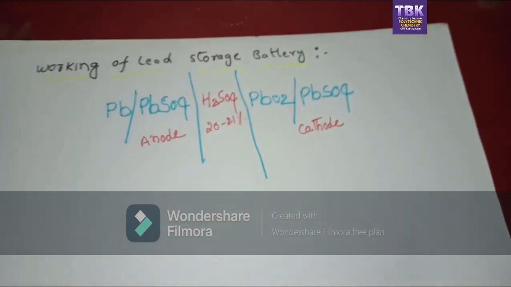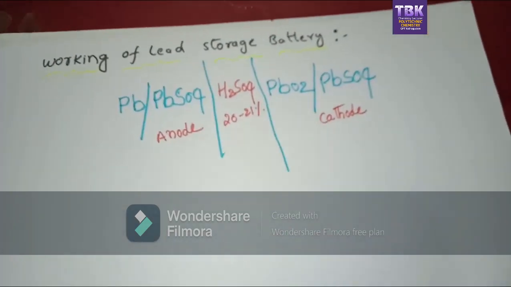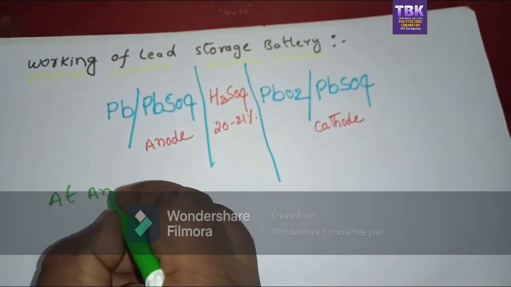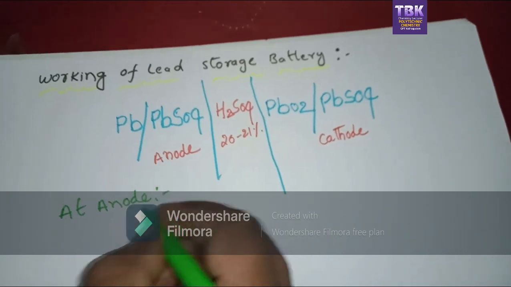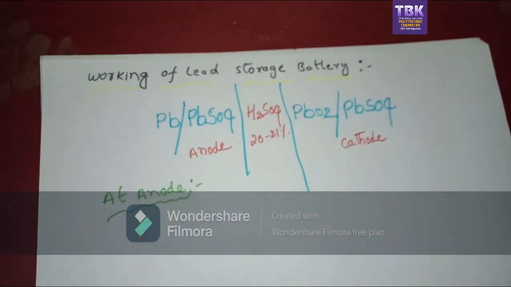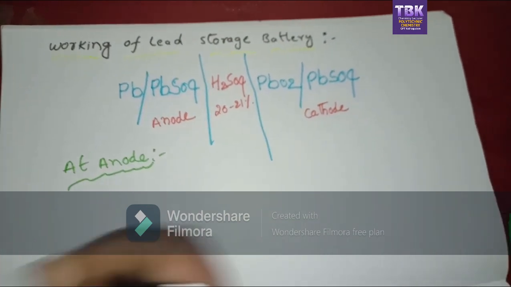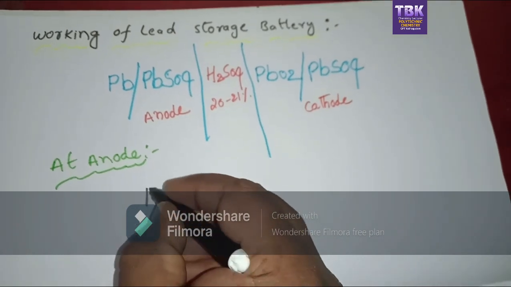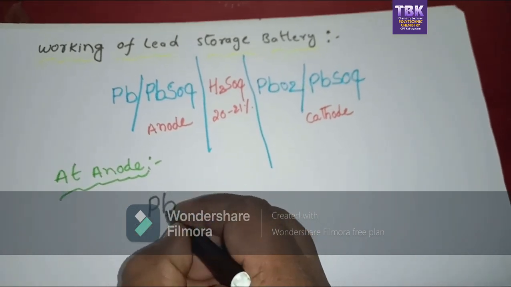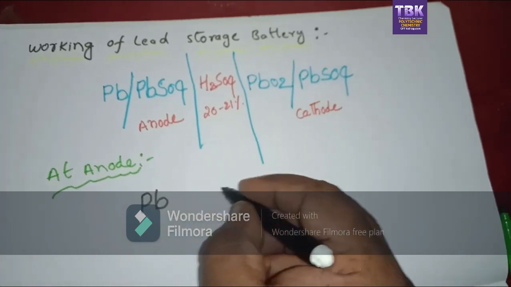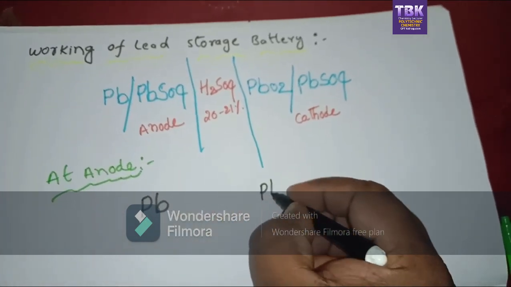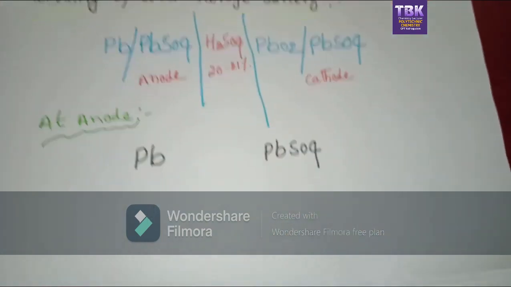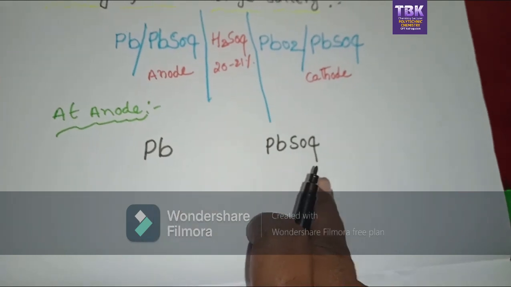Okay, so what are the reactions at the anodic part? At the anode, Pb is converted into PbSO4. How do we confirm this as an oxidation reaction?